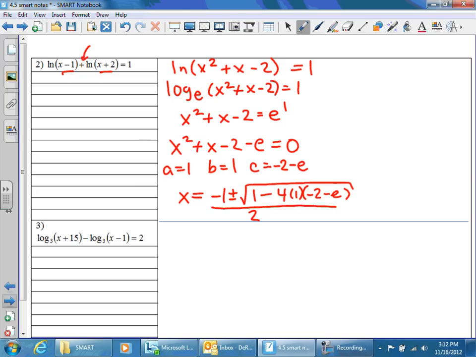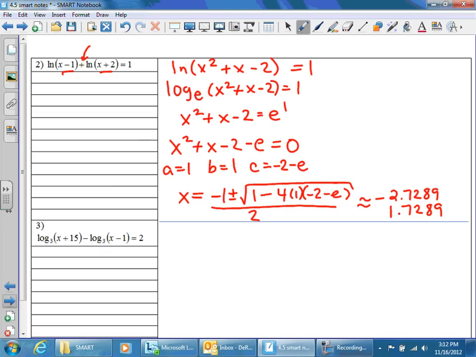So simplify that down and tell me what these are approximately. You can put all that in your calculator. And this is what I got.